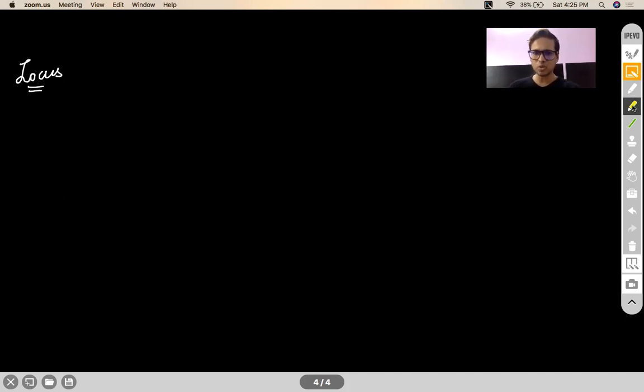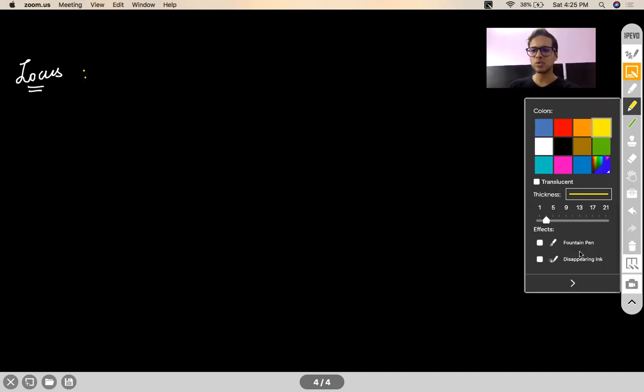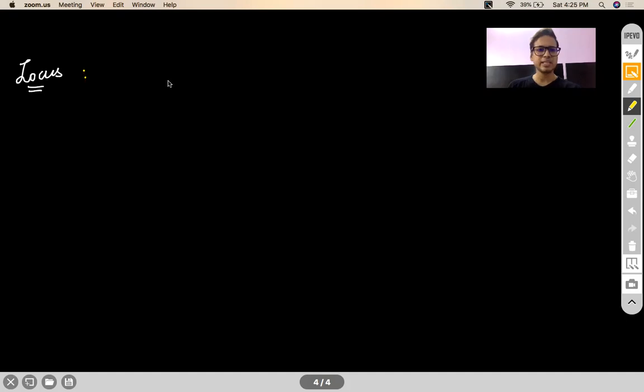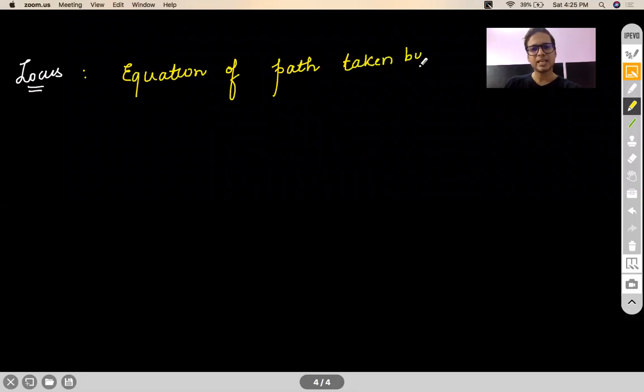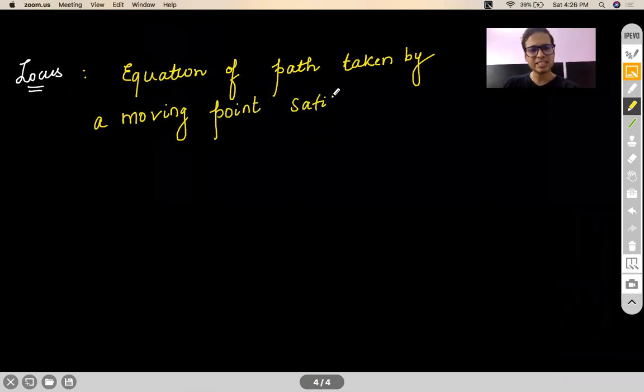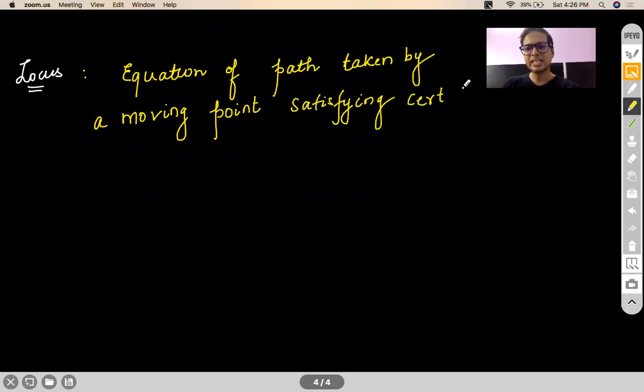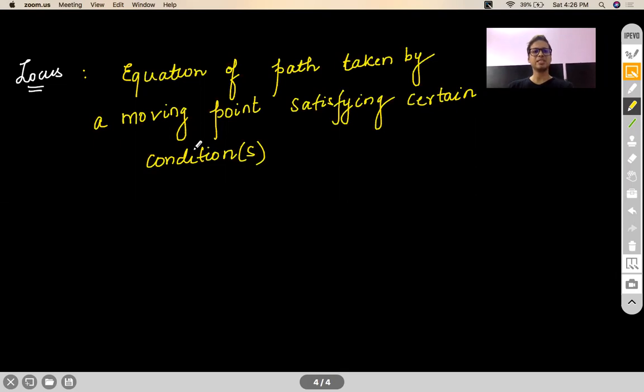First of all, locus is defined as the equation of the path taken by a moving point satisfying certain condition(s). So they'll say find the locus of this point.